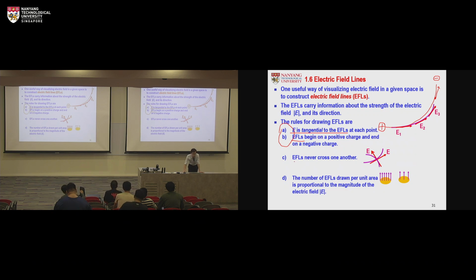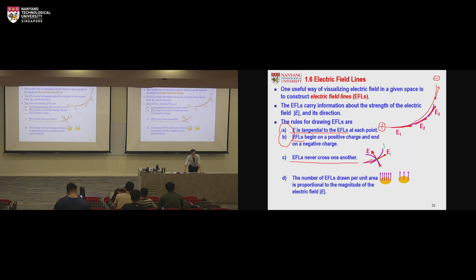And the third point basically tells you there will never be 2 electrical field lines crossing each other. And the reason for this actually is because of the first 2 points. Let's say you assume you have 2 electrical field lines crossing at this point. Then if you just look at the electrical field line 1, based on the first 2 properties, you can tell this is going to be the direction of E, right?